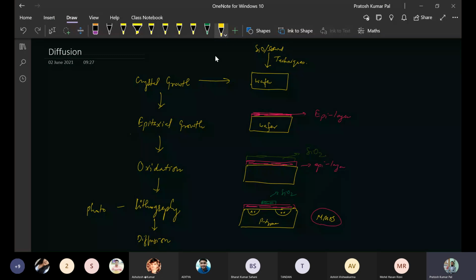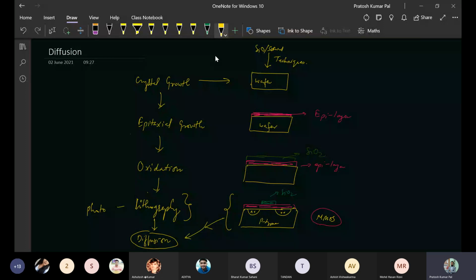In this lecture, we will see the diffusion process. Till now we have studied lithography, and this lithography comes before the diffusion. Considered here, after lithography, this was the structure we will be obtaining. We have assumed we have this structure, and on this we are going to perform diffusion.